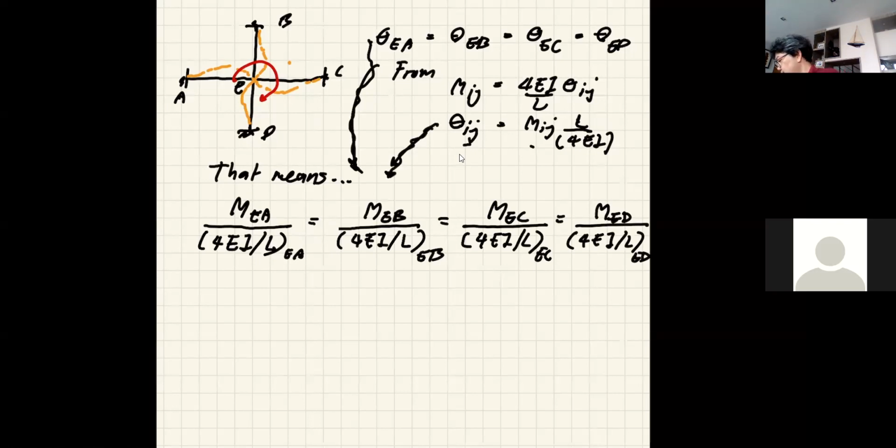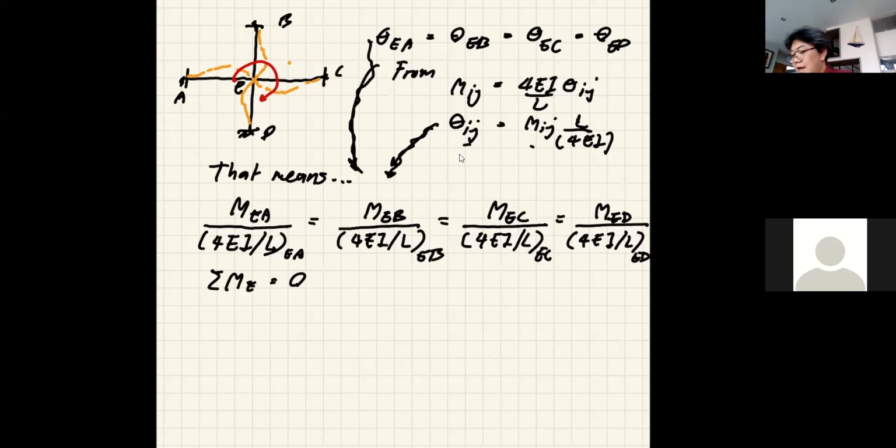Now we know that in the end the equilibrium must prevail. So I can say that sigma ME must be equal to 0.